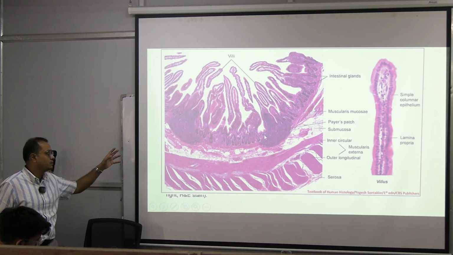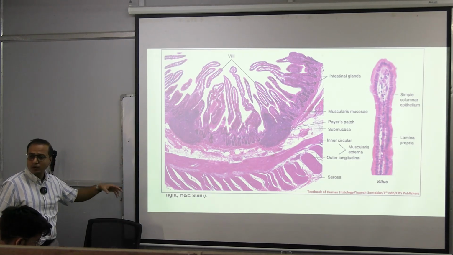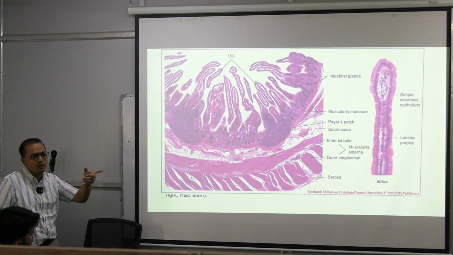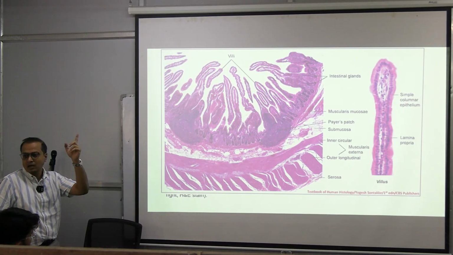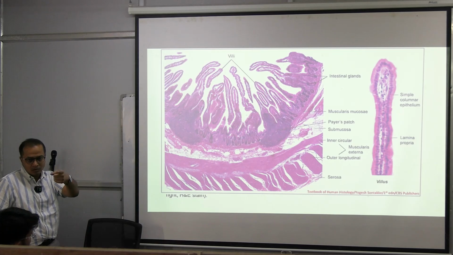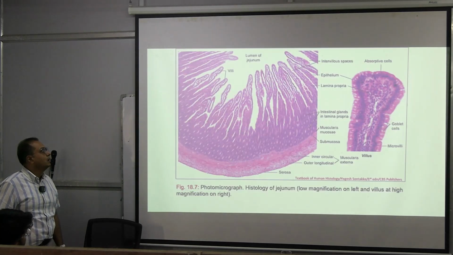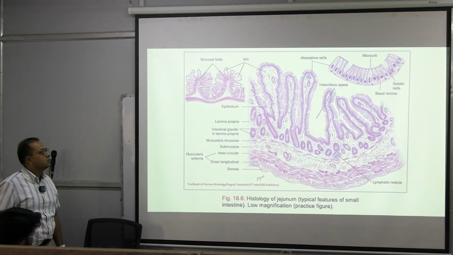By looking at the submucous layer or lamina propria and the presence of these lymphoid aggregates, we can separate out the different domains of the small intestine, whether duodenum, jejunum or ileum. This is how we identify the small intestine specimen.